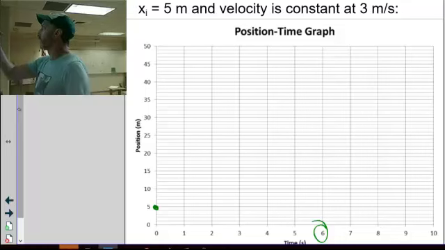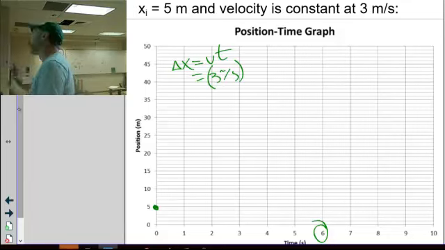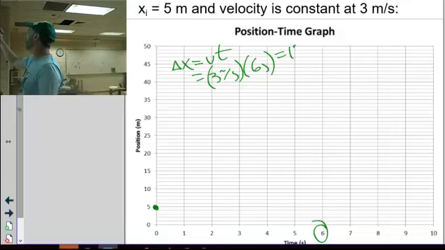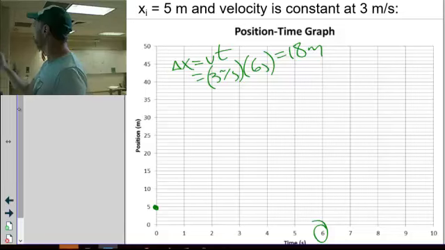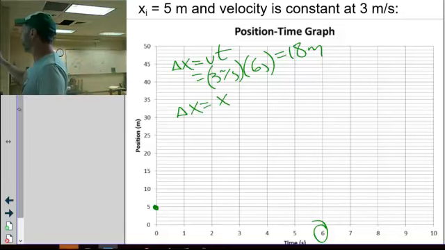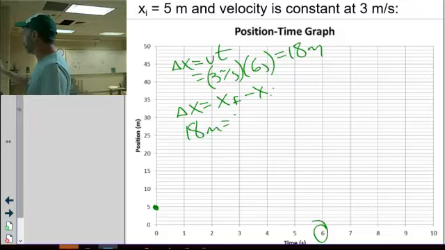All right? So after 6 seconds, our displacement is velocity times time. So we're going 3 meters per second for arbitrarily 6 seconds. There's no reason I chose 6. That gives us 18 meters. That's how far I went forward, right? So now I can figure out what my position is at the end of that time. Changing position is final minus initial. So let's see, I went 18 meters.